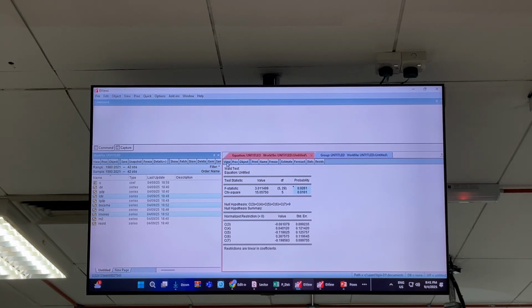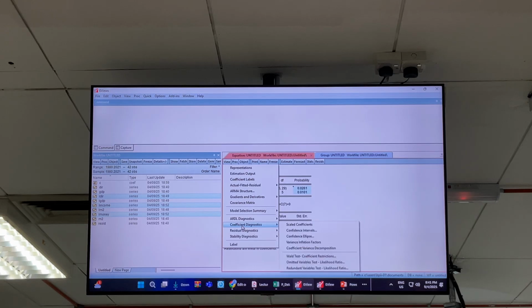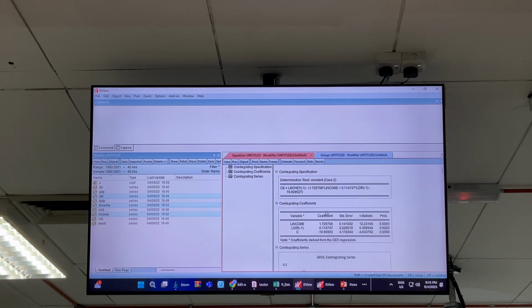How about the long run? Go to the view, go to the cointegration relation, and then my interest rate, 0.62. The p-value is not significant, so straight away, no need to look at the ECT, already no strong causality. So no strong causality in my case, like the example just now with the real effective exchange rate models.